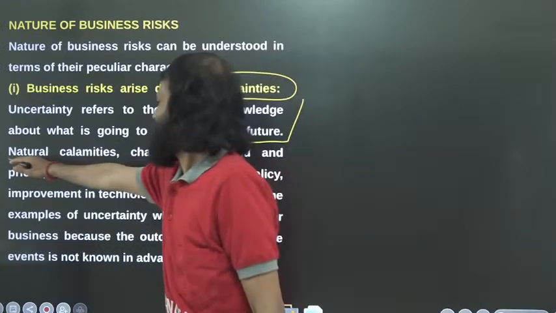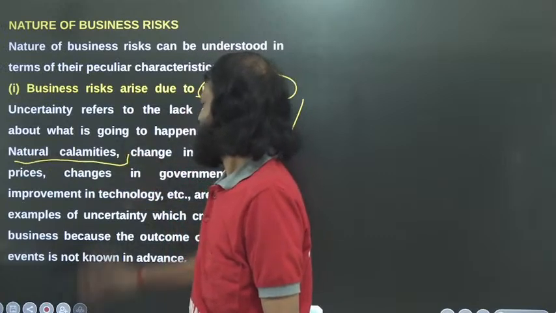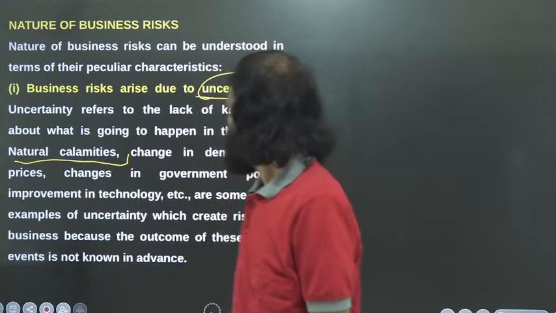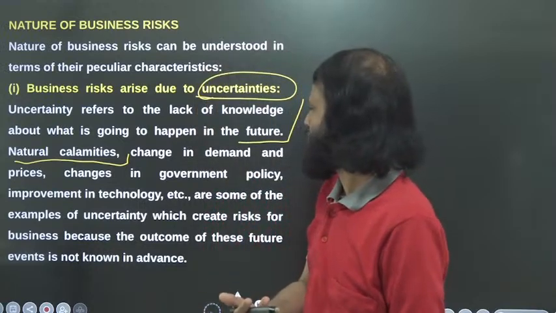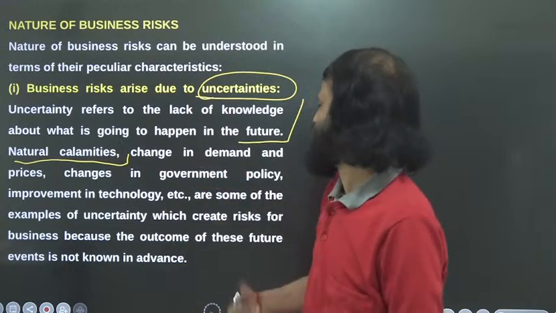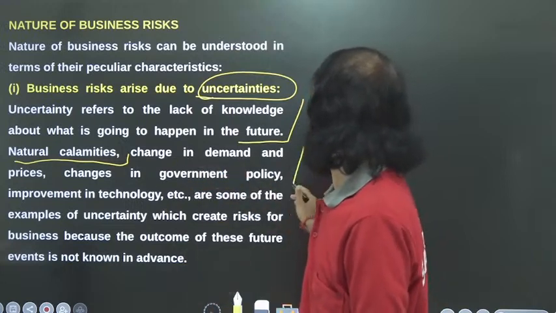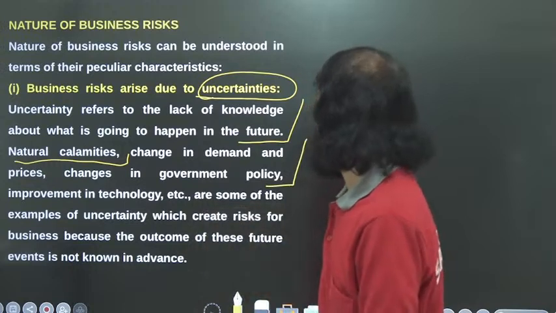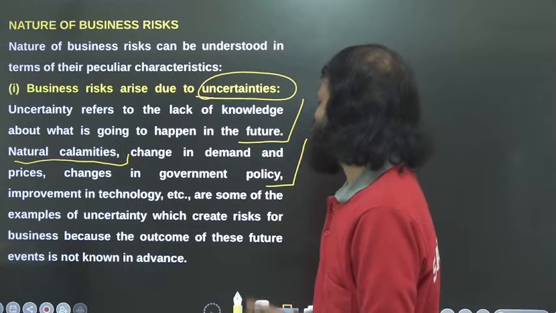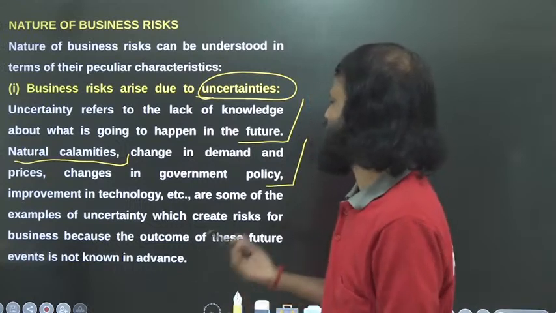Natural calamities can occur anytime. Flood, cyclone, earthquakes, all those are natural calamities. Changes in demand and prices, changes in government policy. Sometimes changes in demand, people's preference, situations, climate, calamities, everything can decide the business.